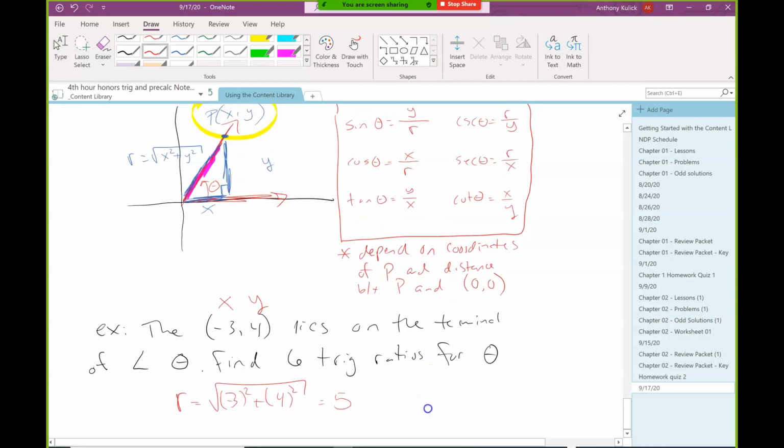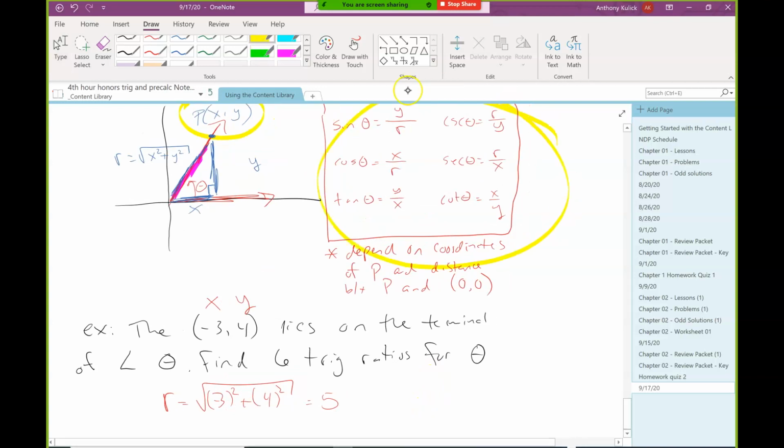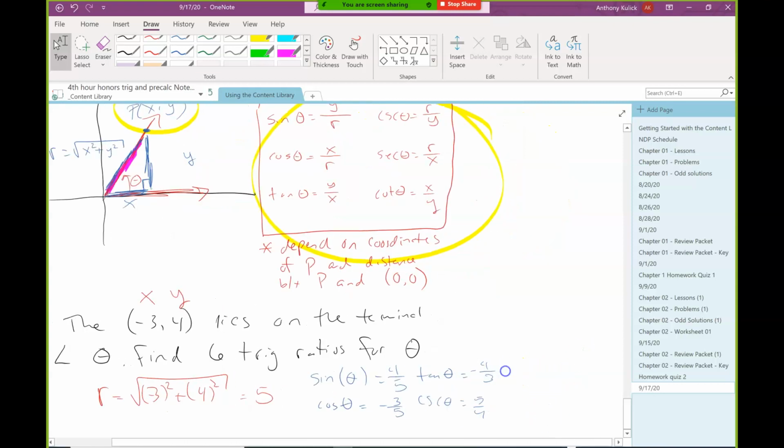So I can just use my definitions up here, right? Because I know x, y, and r now. So sine theta is 4 over 5. Cosine of theta is negative 3 over 5. Tangent theta is negative 4 over 3. Cosecant theta is 5 over 4. Secant theta is negative 5 over 3.